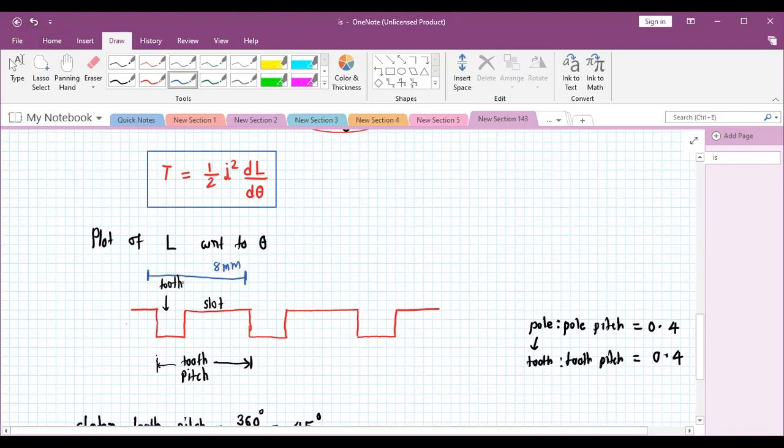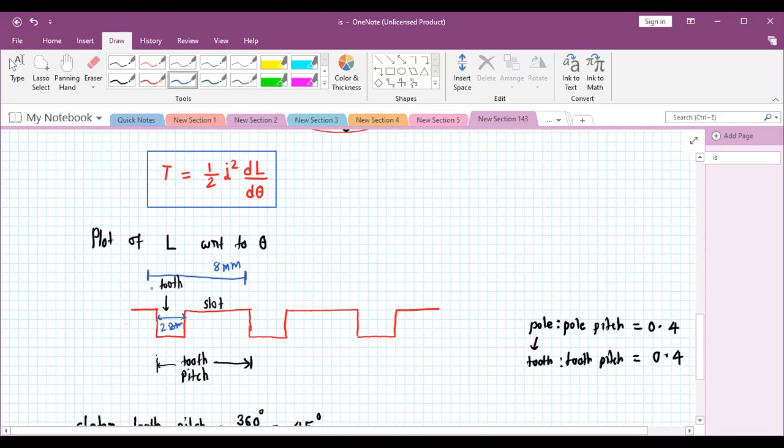But here the tooth width is, say for example, 2 mm. Are you getting now, Derek? What is the meaning of this 0.4? Yeah. Okay, so it means in comparison to the total tooth pitch, how much length of the tooth is there? Here it is given that 0.4.